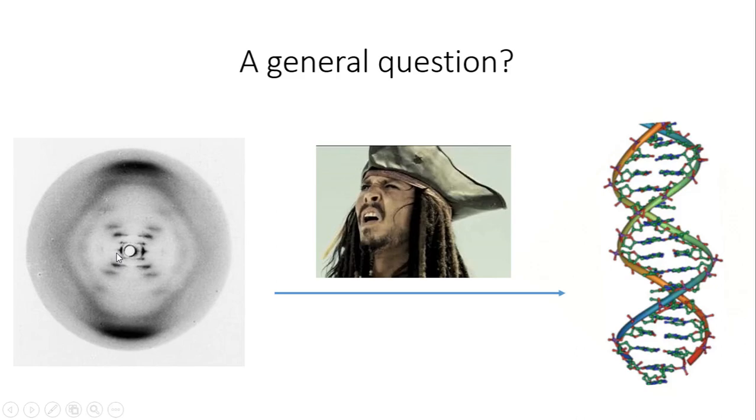So there must be some procedure that lets people build a model like this, starting from a diffraction pattern that might look like this. That is what I used to wonder, what might have happened from here to here so that you generate a three-dimensional model. There must be something, and that is usually missing.